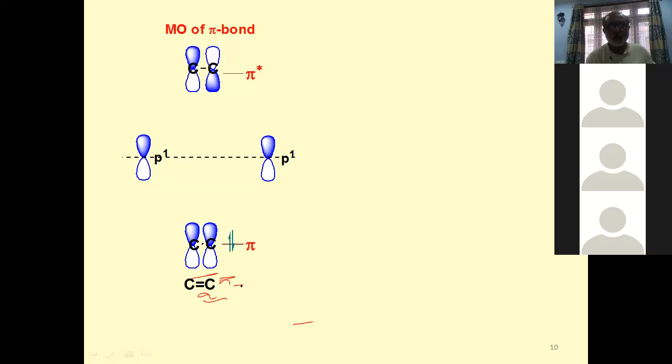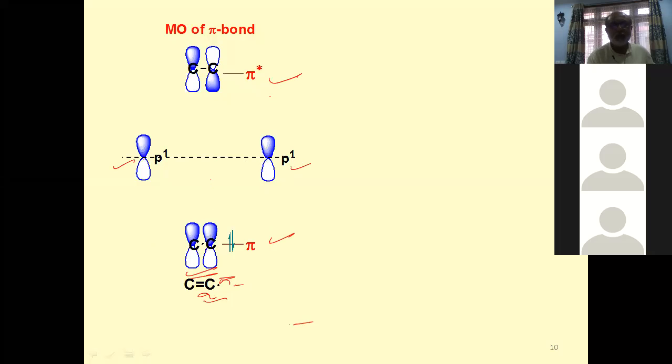How is this pi bond formed? It is by the combination of two atomic orbitals, a p orbital from one carbon and a p orbital from another carbon. They combine to give us two molecular orbitals. One will have lower energy, and the other will have higher energy.